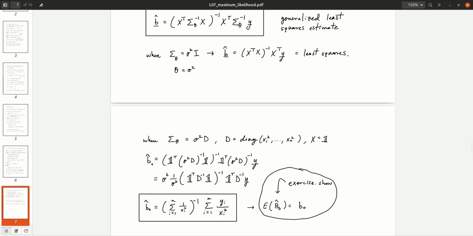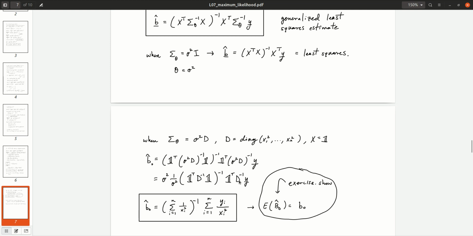Then you do 1 transpose times that vector, which just sums them up. And then we're taking the inverse of what ends up being a 1 by 1 matrix, so that's just the reciprocal of this scalar. So this part here is this part of the formula.